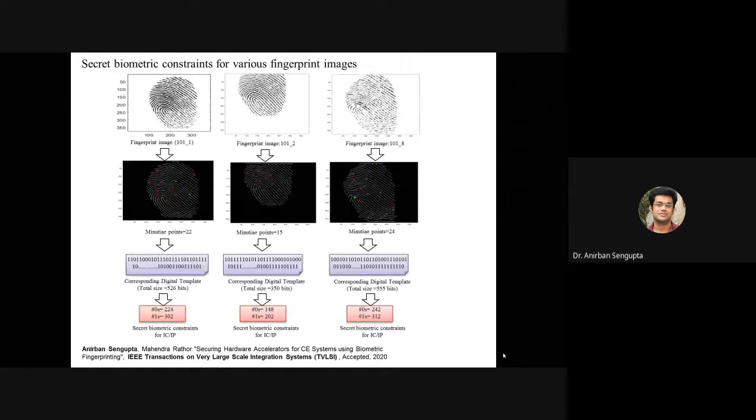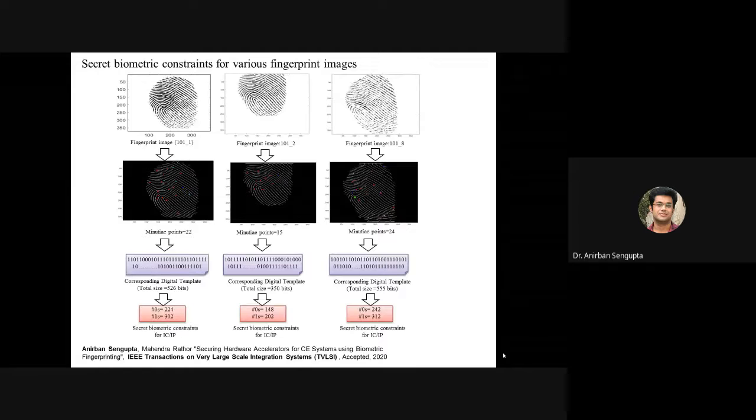For example, in the first and third one, the total size is beyond 500 bits, whereas in the second one, the size is around 350 bits. Subsequently, the number of zeros and ones in the digital template also change accordingly. These numbers are useful because we have the encoding rule based on the numbers of zeros and ones.